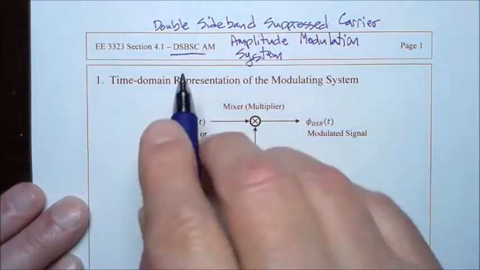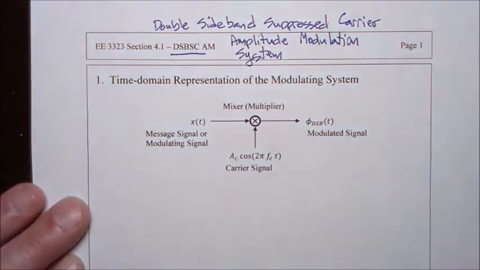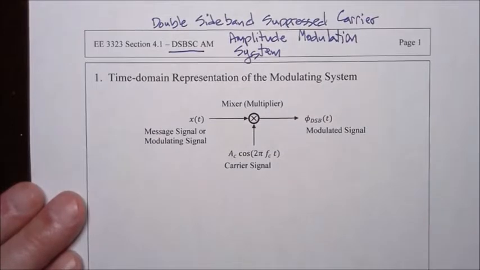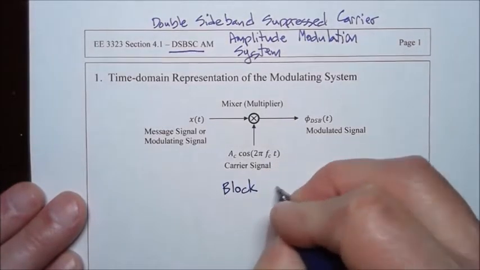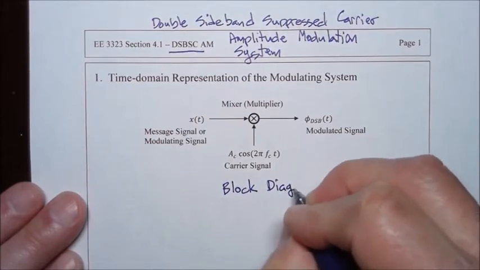Double sideband suppressed carrier amplitude modulation is created with this block diagram. Very simple block diagram.